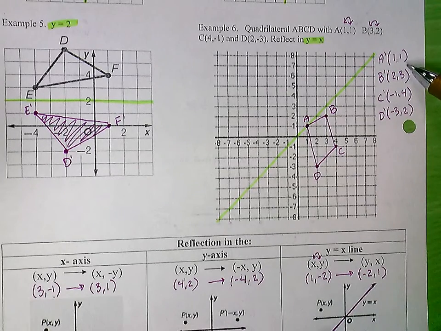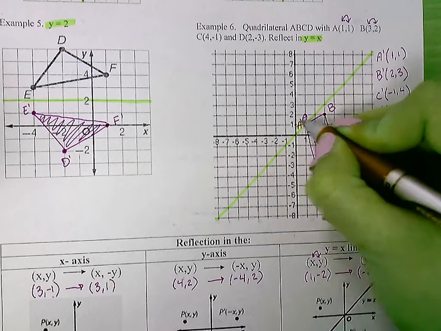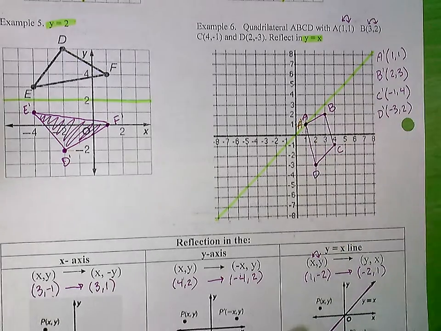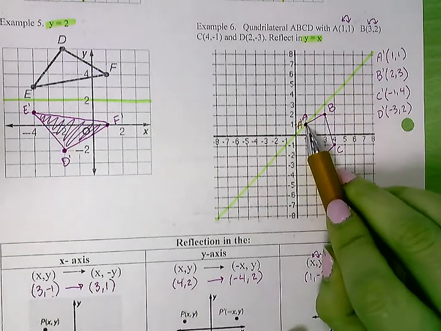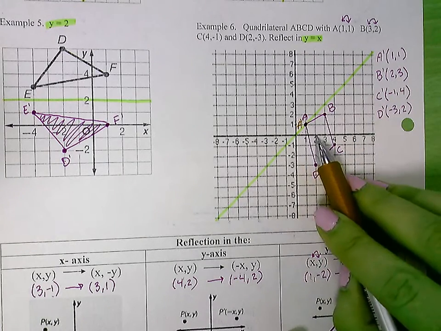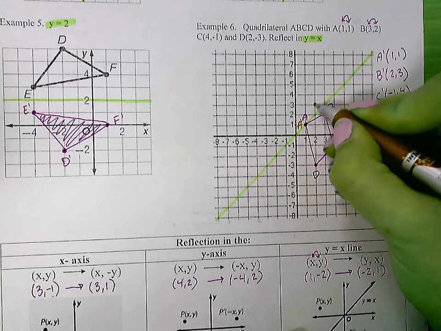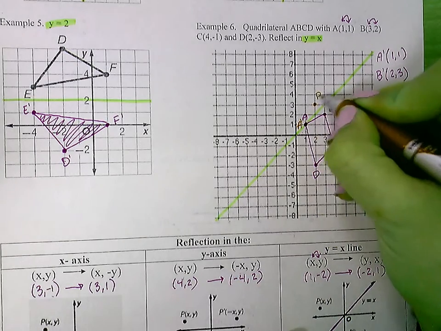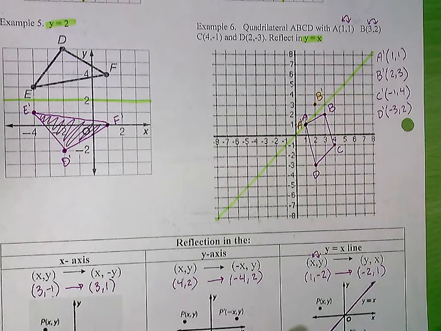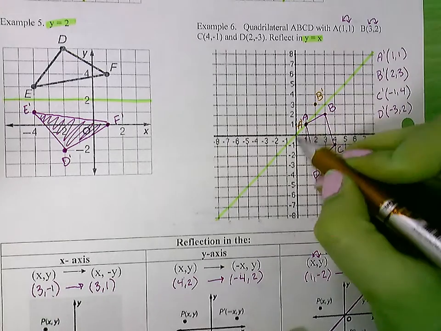Looking at those points, now I just need to plot those. So A prime is at 1, 1. So it'll stay in that same spot that A was. B prime is at 2, 3. So that'll be up here. That's B prime. C prime is at -1, 4.